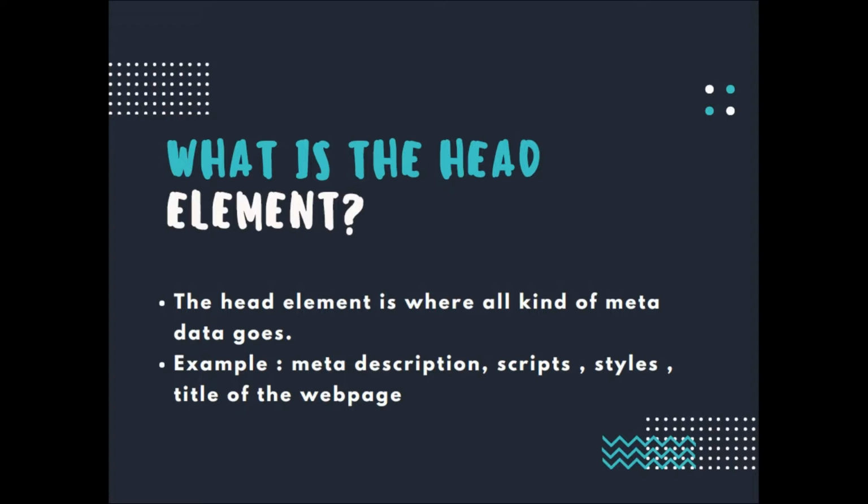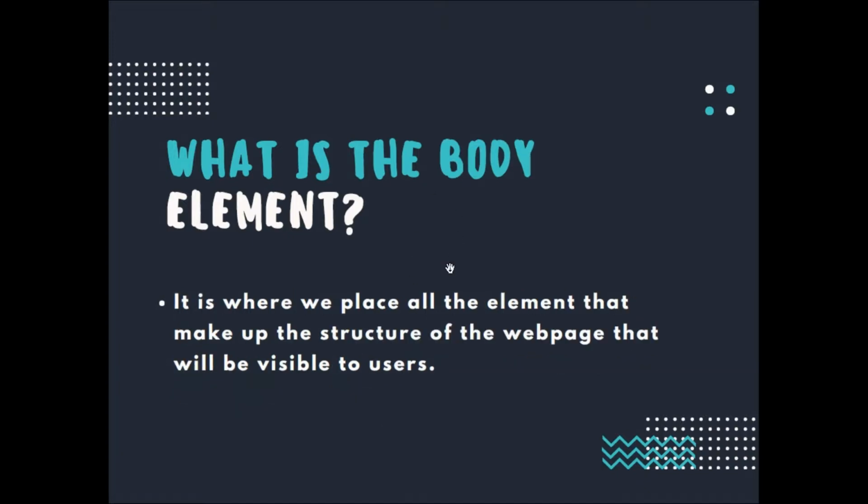Sometimes the meta description gets shown outside in the Google search, and lots of SEO-friendly meta items go in the head. We will also talk about these in a later lesson. Also, we can see the scripts, the styles, and the title of the web page. They all go in the head element.